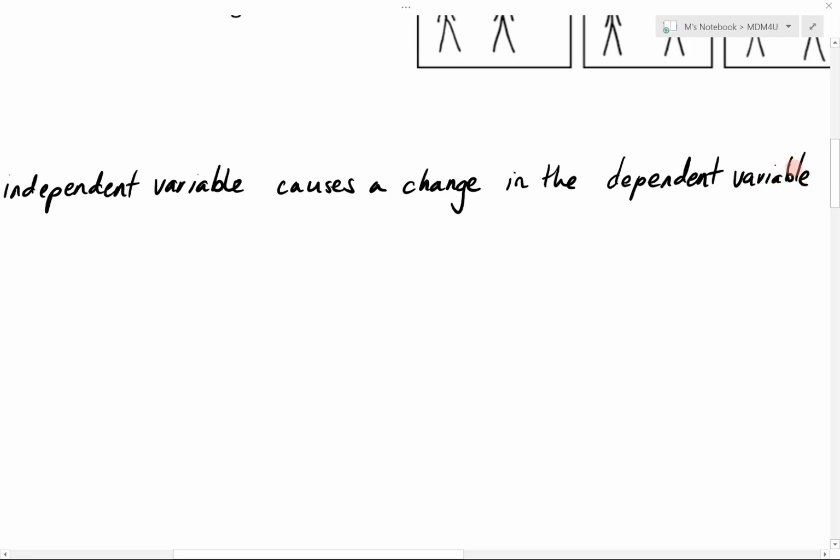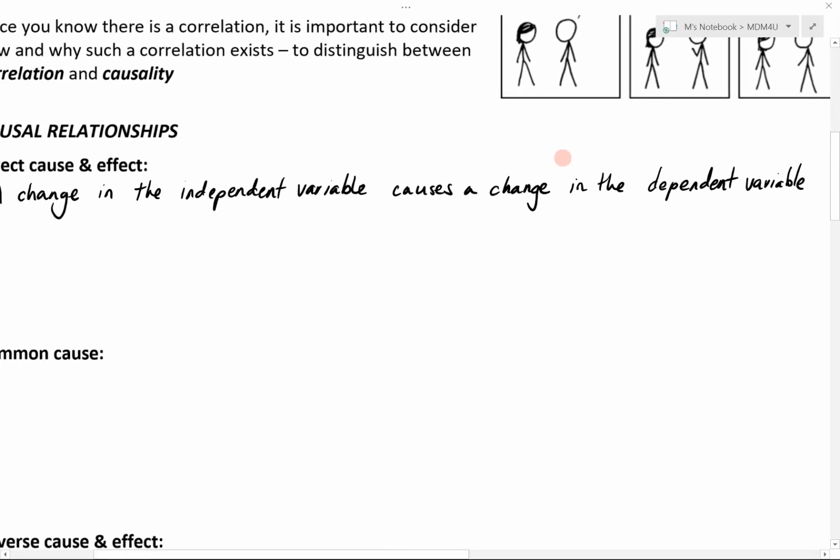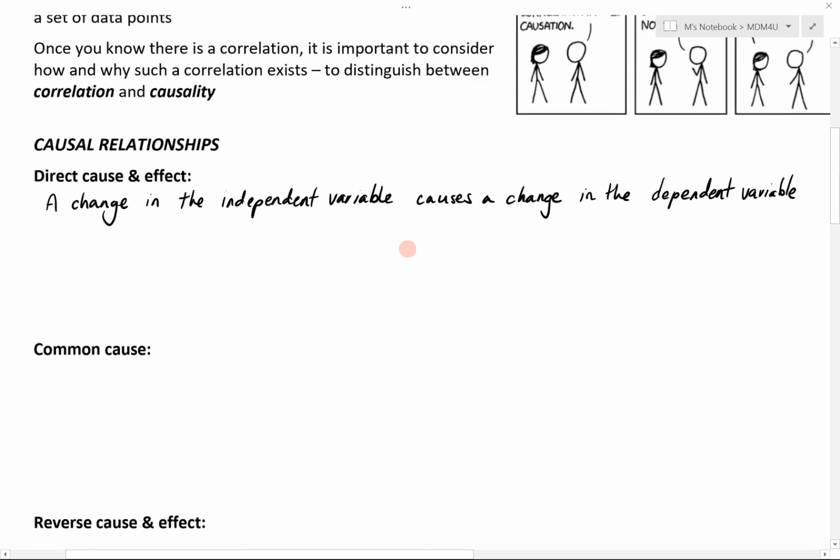In other words, whatever X is what's causing Y to happen.